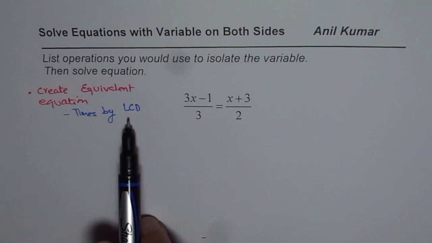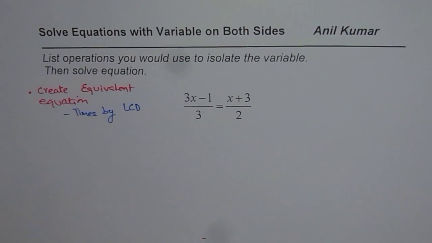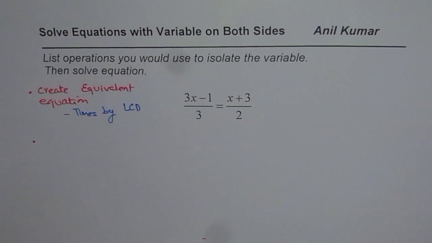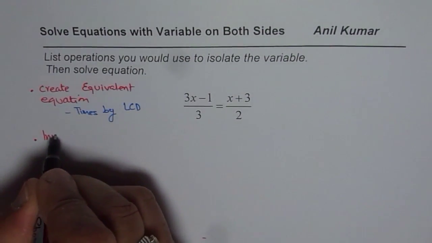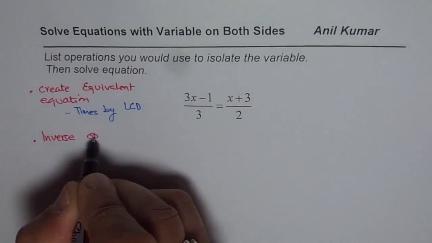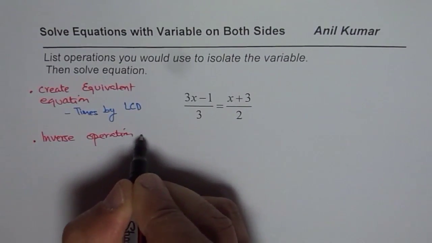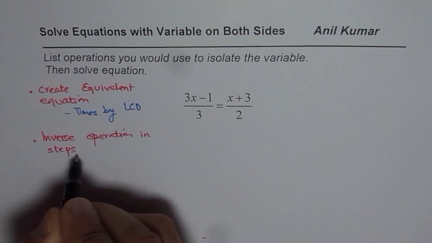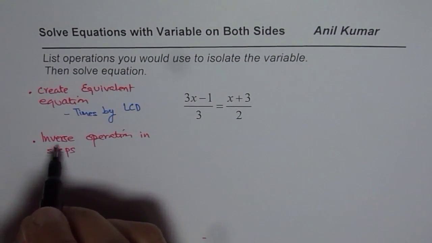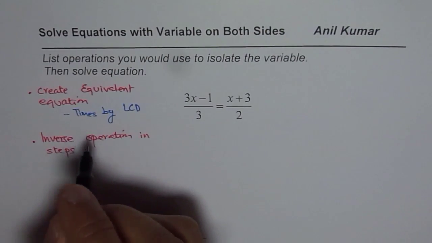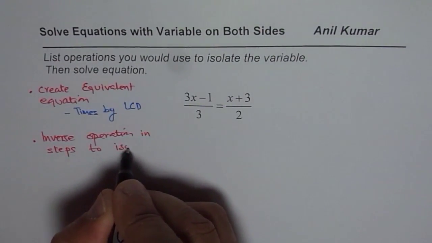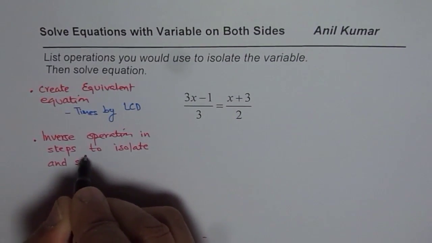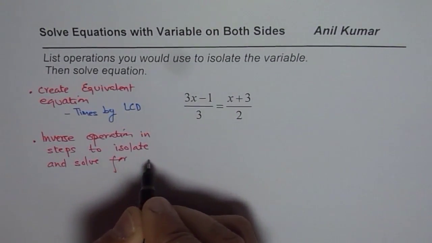And then you can follow these steps for solving it, which involves inverse operations. You perform inverse operations in steps, one by one, and normally the order of steps is reversed, to isolate and solve for the variable.